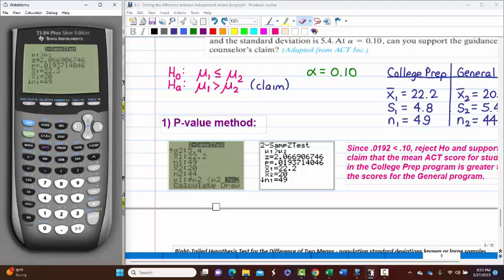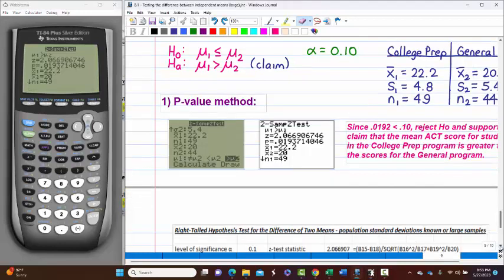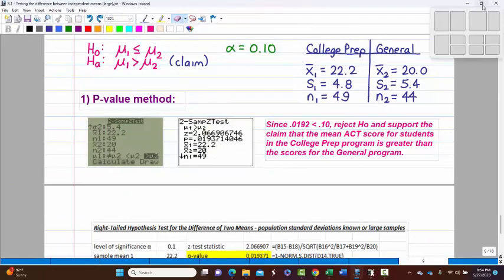And here's our output right here. So we can reach an answer for this. Since 0.0192 is less than 0.10, we reject the H0, and we do support the claim that the mean ACT score for students in the college prep program is greater than the scores in the general program.